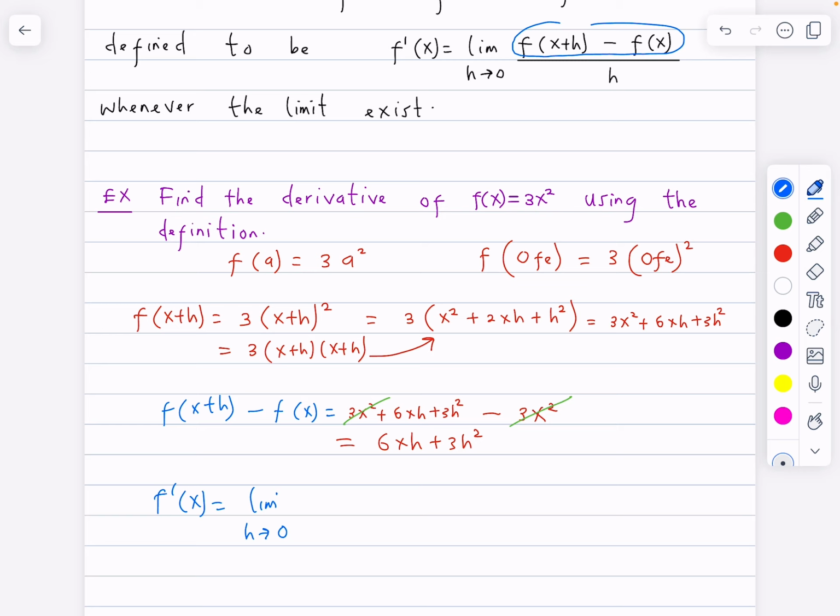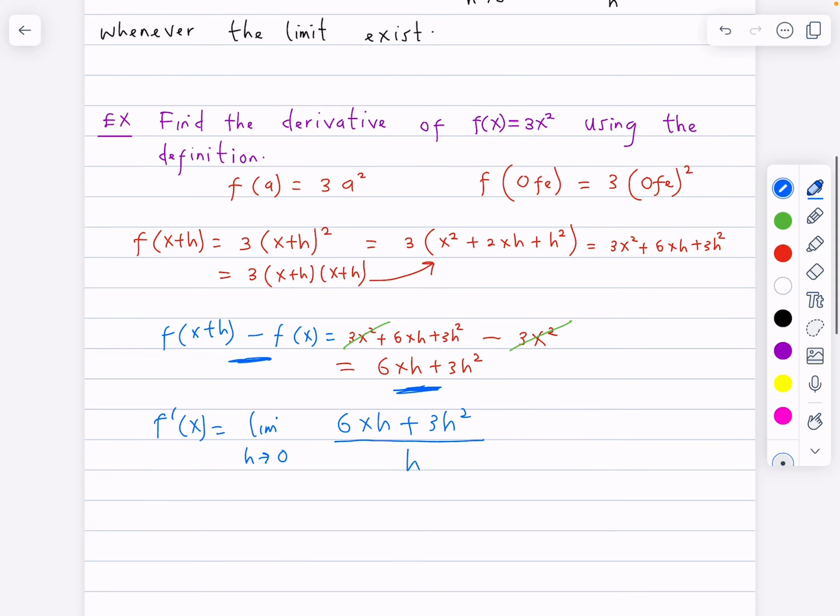From here, that is going to be 6xh plus 3h squared, because I already computed it, so everything divided by h. Okay, what can I do? If I plug in 0 for h, I'm going to get 0 in the denominator. So I want to avoid the denominator being 0.